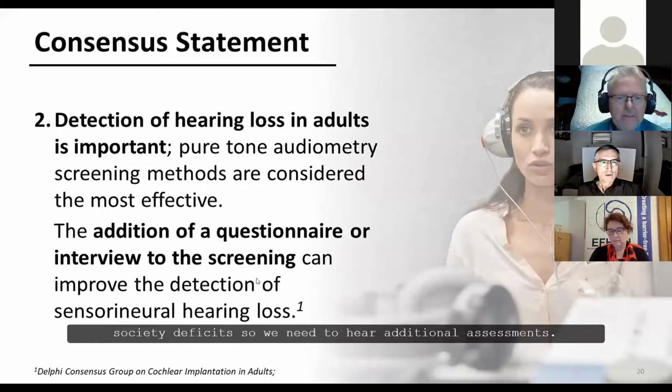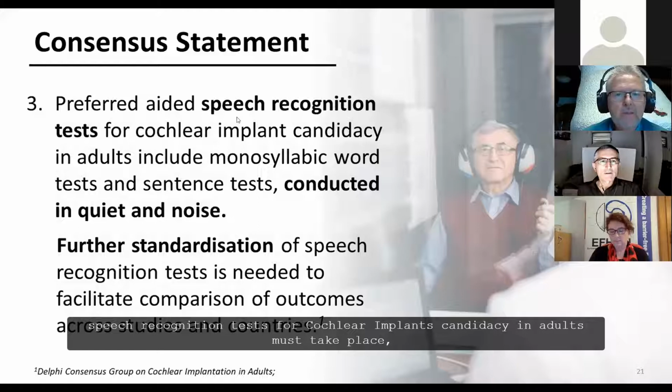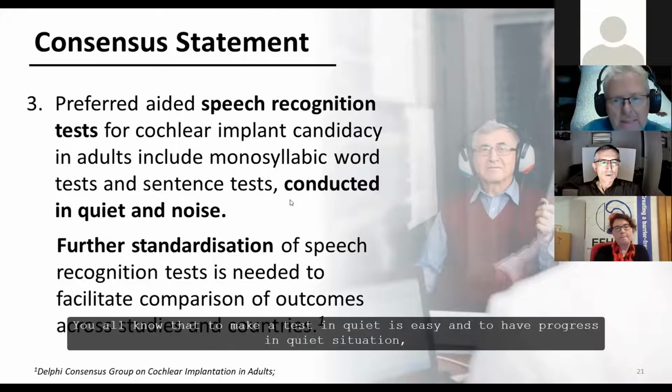And so we need additional assessments here. The third consensus statement is that speech recognition tests for cochlear implant candidacy in adults must be conducted in quiet and noise. That's also an important thing.